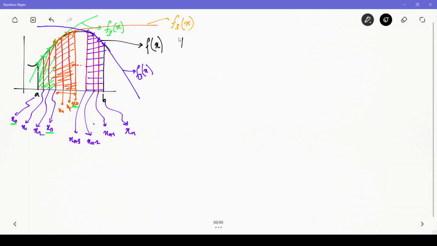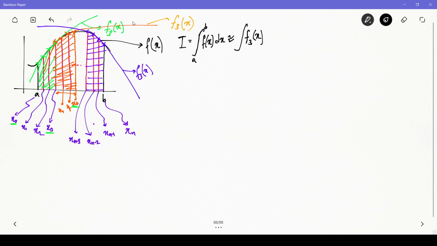Let me write it a bit more clearly. The integral I is our integration from a to b of our original function f of x with respect to dx. We say that a good approximation of that will be the summation of the third order polynomial f sub 3 of x.